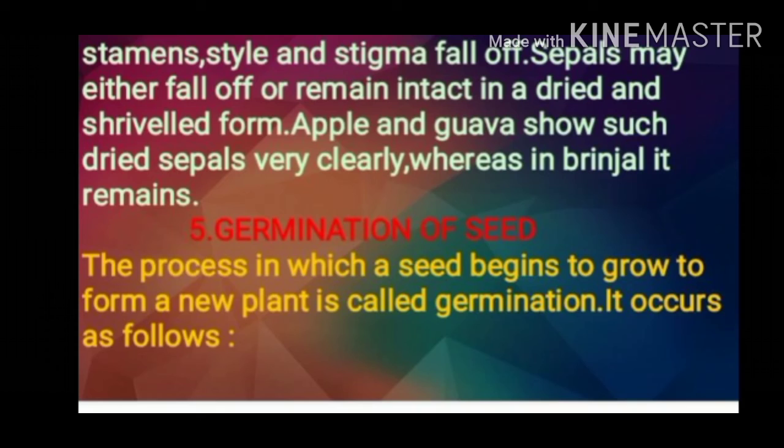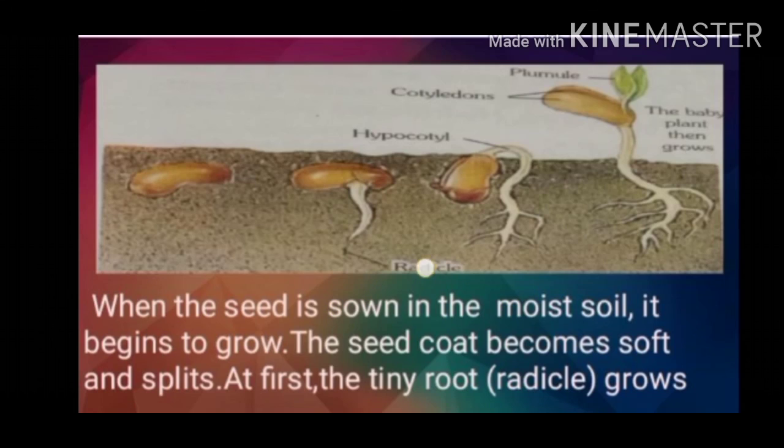The next and last step is germination of seed. The process in which a seed begins to grow to form a new plant is called germination. It occurs as follows. When the seed is sown in moist soil, it begins to grow. The seed coat then becomes soft and splits.